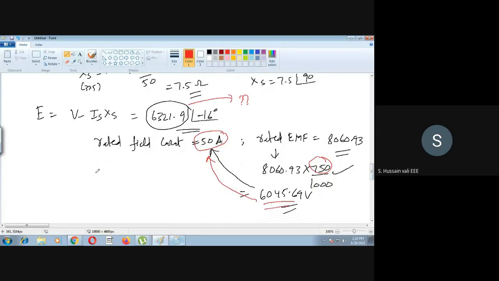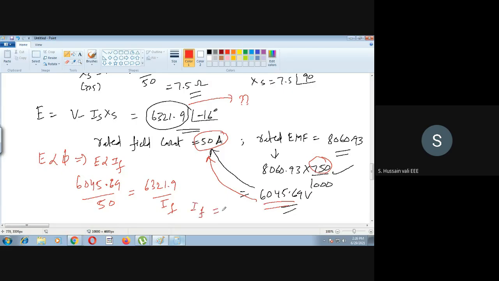Then what is the actual field current now? Because E is proportional to phi, it means E is proportional to IF. We can take it like this. Then from this we can easily find out: 6045.69 divided by 50 is equal to 6321.9 divided by IF. Now we have to find out this IF, that is the new field current.